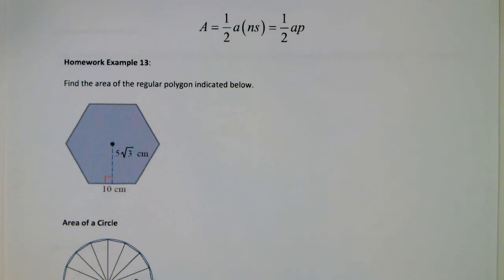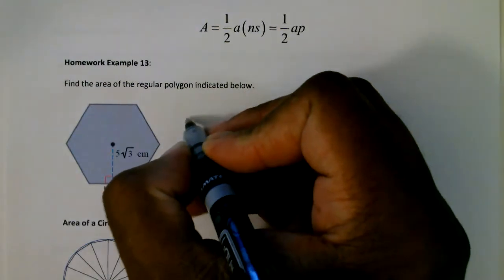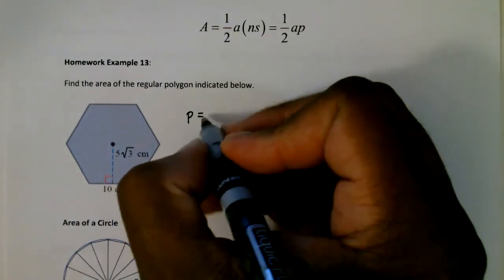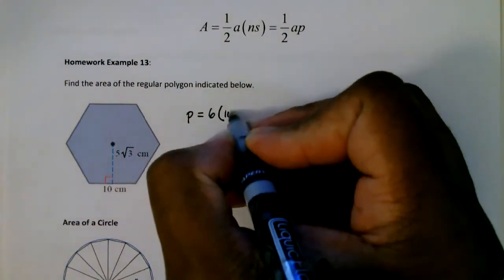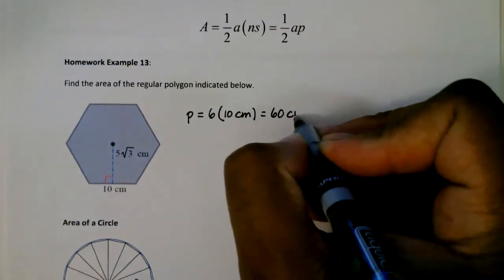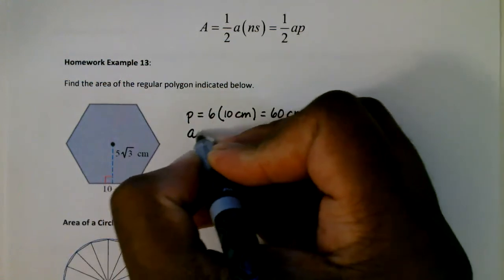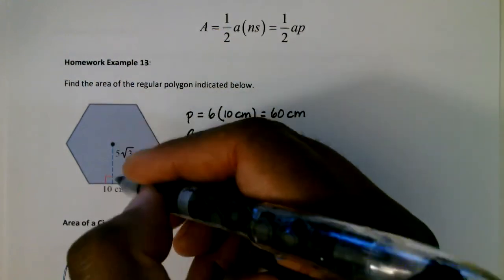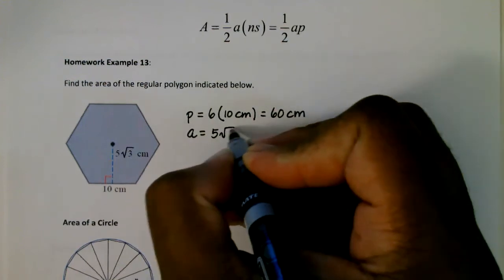And that's going to be 5 square roots of 3 centimeters. All right, so here, let's go ahead and find the perimeter first. That perimeter, there's 6 sides, so it'll be 6 times 10 centimeters. That would be 60 centimeters. Our A, which is this perpendicular length right here, that's 5 square roots of 3 centimeters.